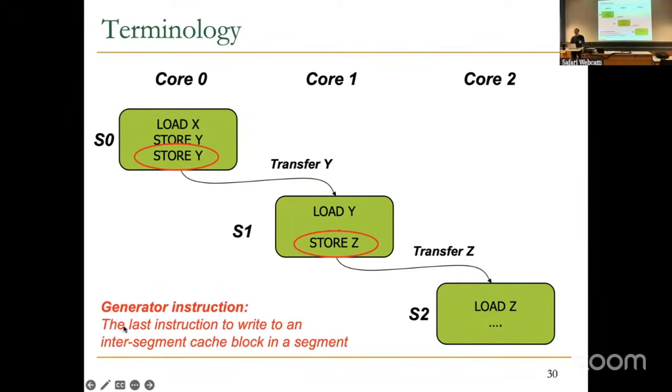Basically, the definition of the generator instruction is that it's the last instruction to write to a particular cache block, not the last instruction to execute. So in this case, it happens that these are also the last instructions, but it could be somewhere in the middle. Yeah, that's right, exactly. We're going to identify these generator instructions, and you can identify these through data flow analysis in a compiler. Yes, maybe this figure should be nicer so that the generator instruction is not also the last instruction.